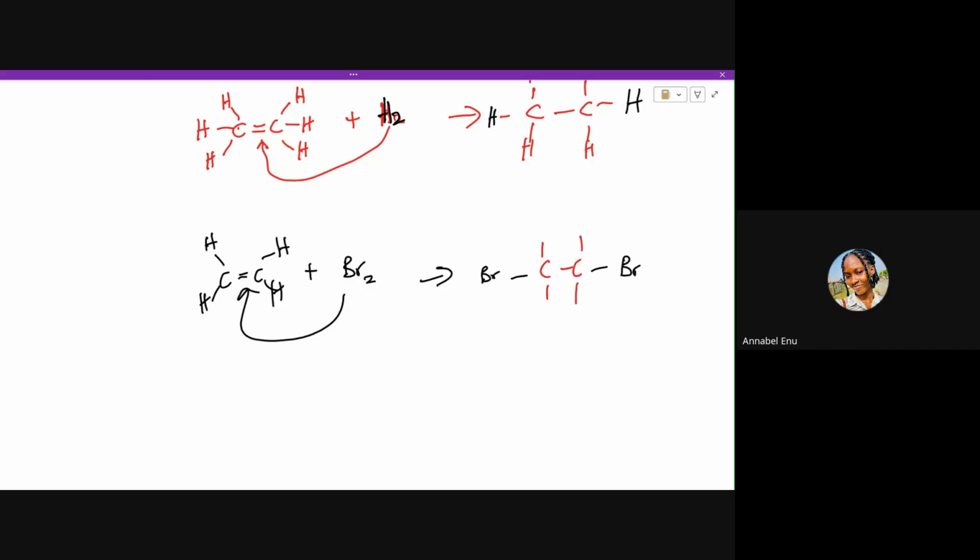Okay, another one is, we also have halohydrogenation reaction. As the name implies, halogen and hydrogen. So in this case, one of them will be a hydrogen and the other one will be a halogen. So one hydrogen will be bonded to one of the carbons, and halogen will be bonded to the other carbon.